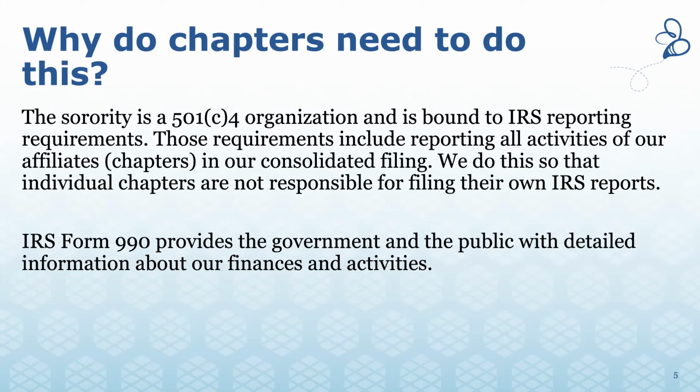So we do a consolidated filing so that chapters are not responsible for filing their own IRS reporting. And generally speaking, the IRS Form 990 provides the government and the public with detailed information about our finances and activities. And we're required to report that. Anyone can look up our annual filing to see what we're doing and how much money we're spending, etc.